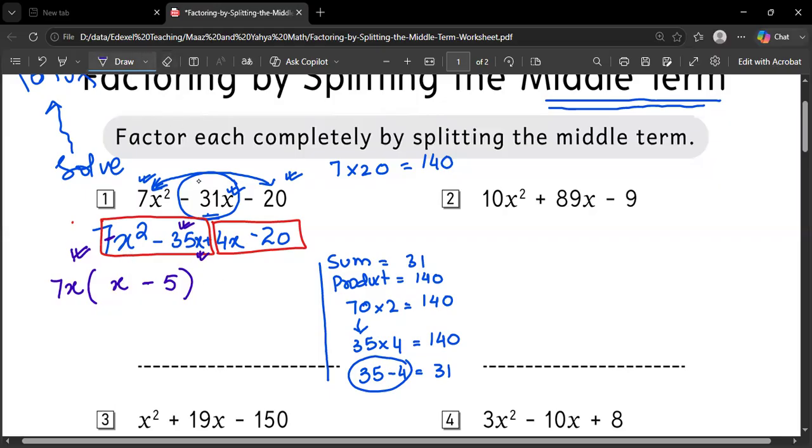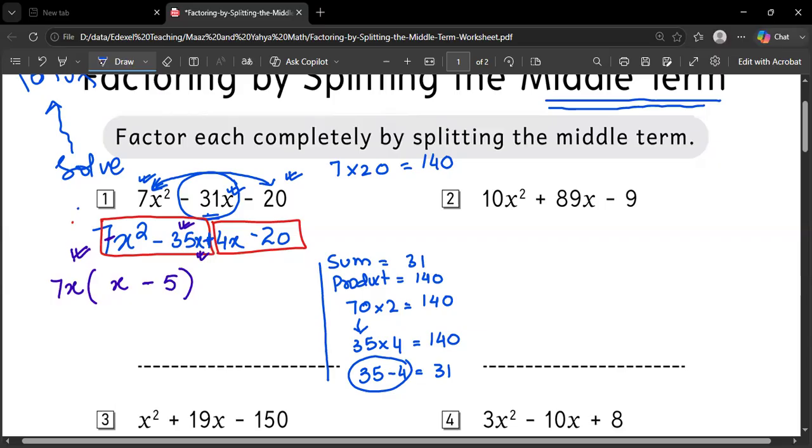Now, the next thing is we have to take a common between 4x and minus 20 as well. What number can be taken common from 4x and 20?